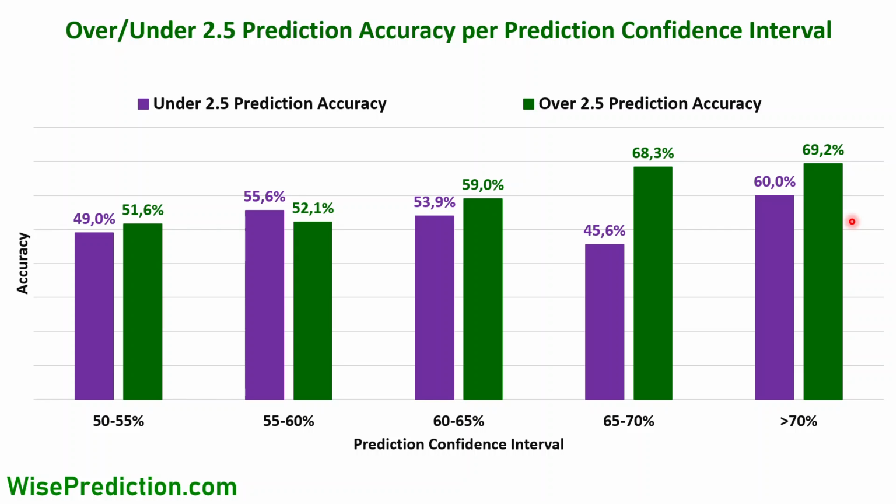If we look at these things, we see that the models are failing more often for the under 2.5 predictions. And as the prediction confidence goes up, the accuracy is improving for over 2.5 predictions.